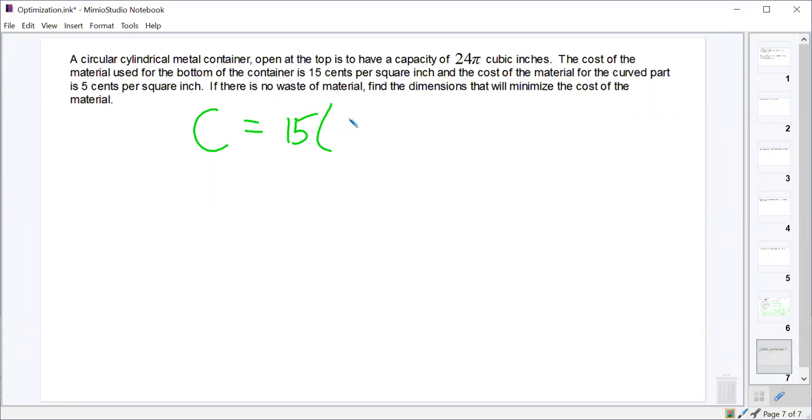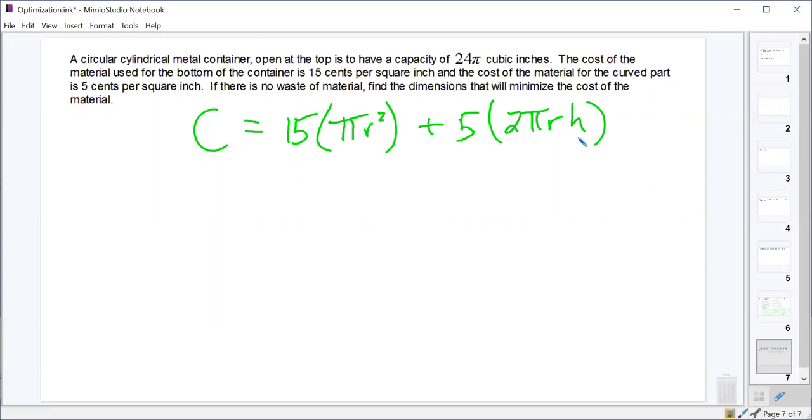Whatever its area is, right? Pi r squared. And then it costs 5 cents for the curved part. So our lateral surface area. And what's the lateral surface area? It should be 2 pi r times h. Everybody good with that?